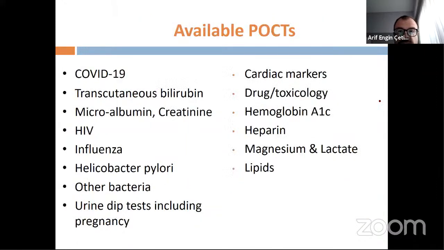So there are available POC tests. COVID-19 tests are the most important POC tests currently. When I look at the literature or at the market, I see COVID-19 POC tests based on optics.